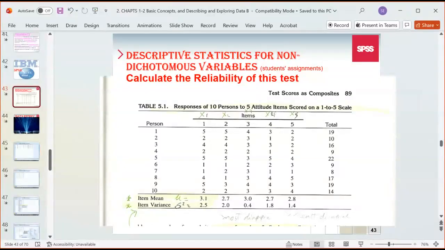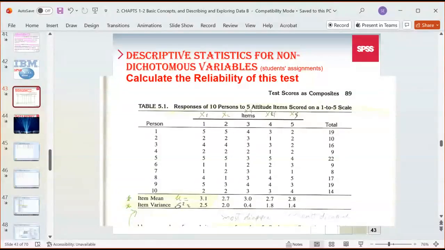By just looking at them, whether you've got 5 or 6 or 5,000, if you wanted to select or discard some items, you discard those with the lowest variance. Variance tells us about the quality of items. With low variance, you don't need them, and you keep the ones with high variance. That's how we relate these statistics with test construction and research.